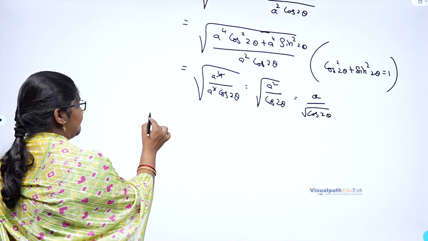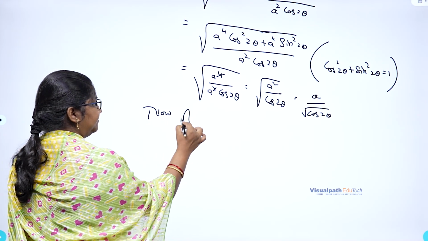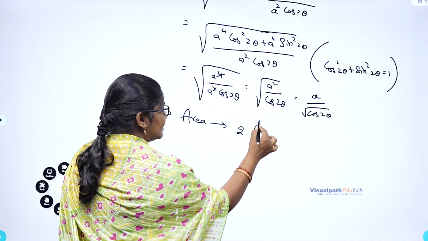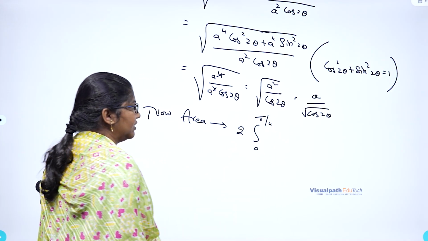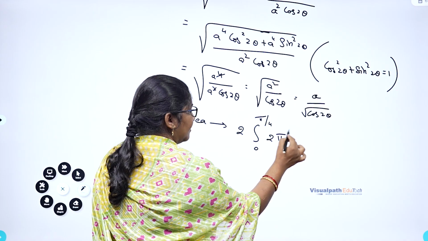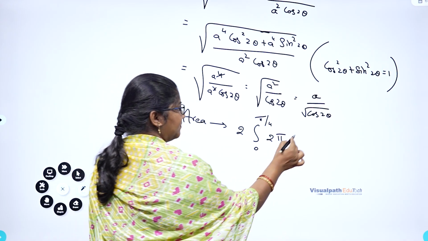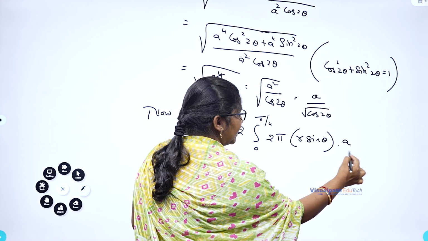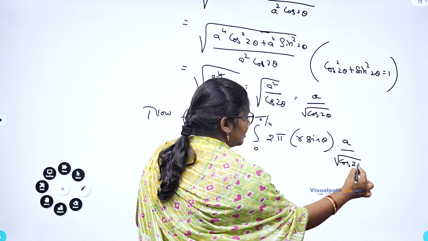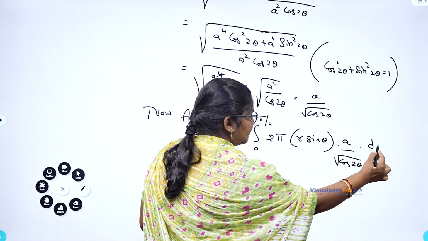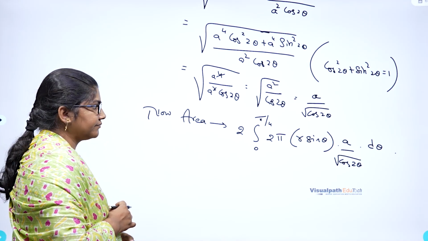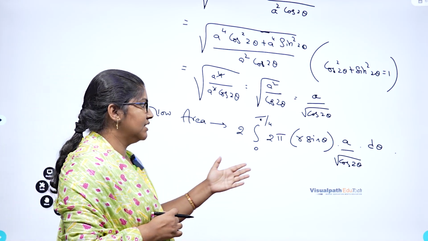Now, area is given by 2 times integral 0 to pi by 4 of 2 pi y ds by d theta d theta. What is y? r sin theta, into ds by d theta, a by root cos 2 theta, into d theta. This is the formula. Now what we have to do?